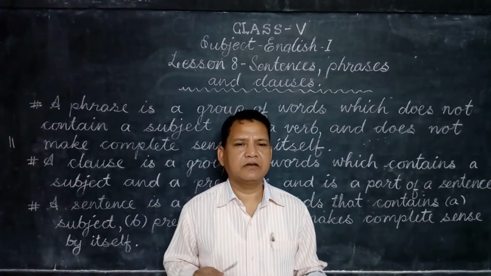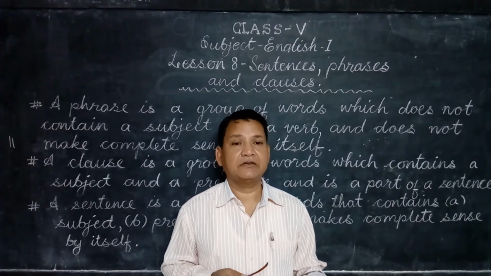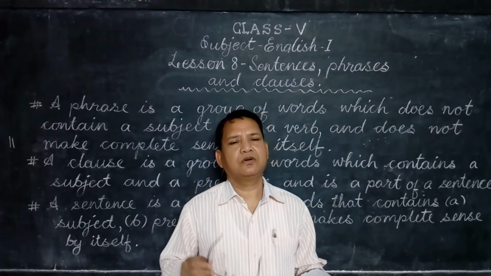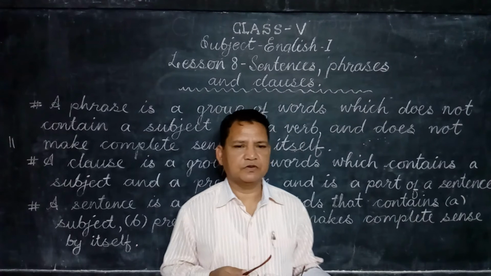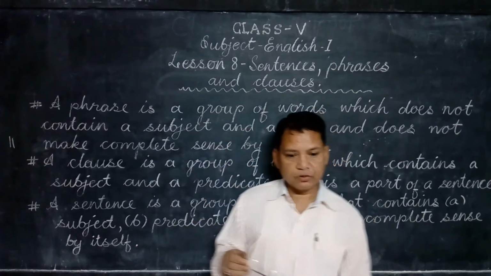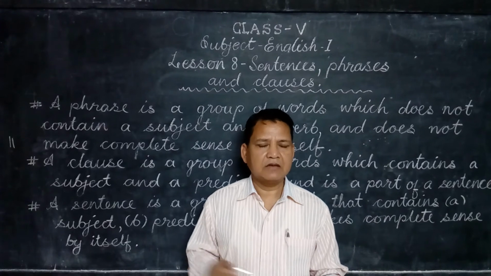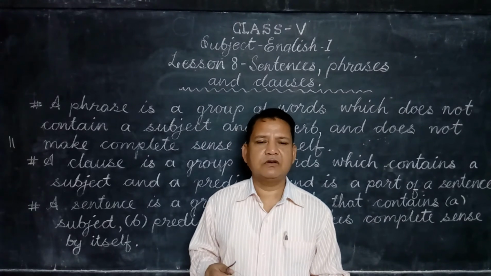Many conjunctions are there: because, and, otherwise, and so, not only, so many are there. So I have joined these two sentences. Now they have become clauses that join together to give one complete sense.